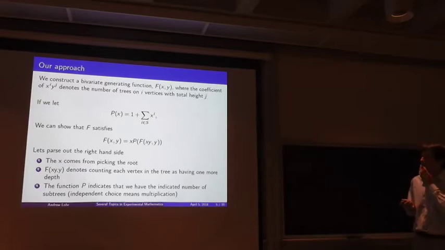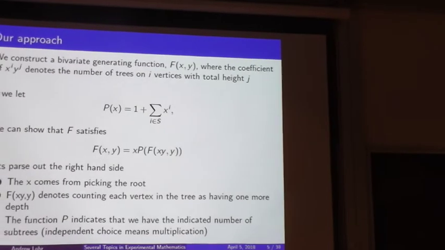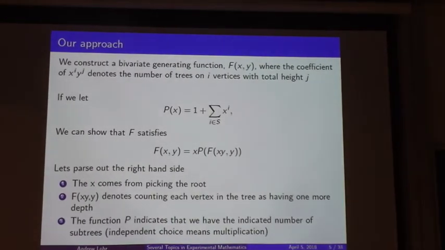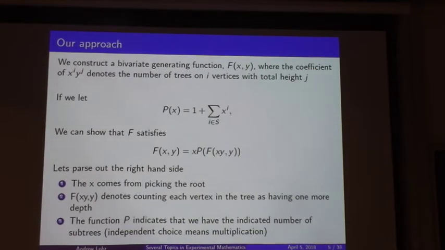You can think of that as counting the additional height that's contributed just from being a subtree of the current root. And then we're taking powers of f and adding over all of the possible ones. Adding, because it's an exclusive choice for how many children the current root has. And this exponent i, because if we know we have i children, then we just have independent choices for what goes on in each of those i subtrees.